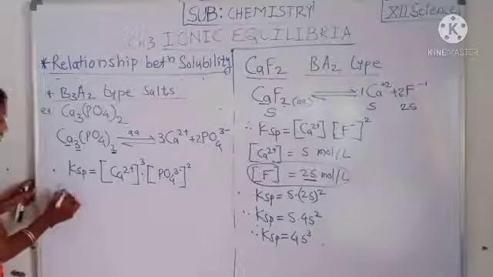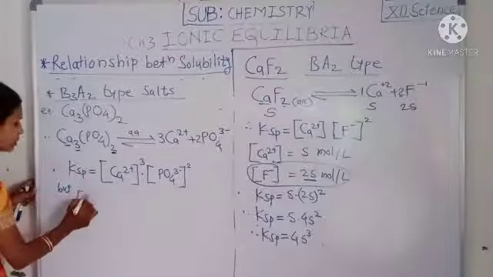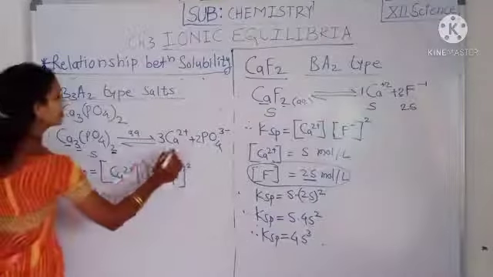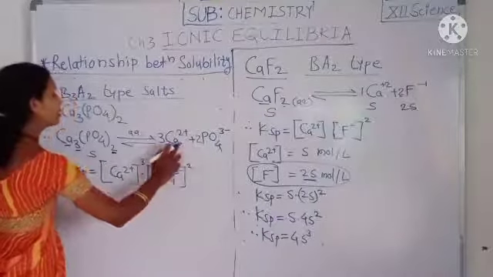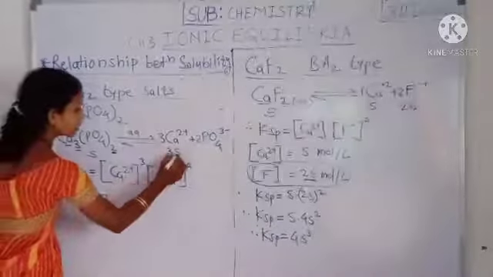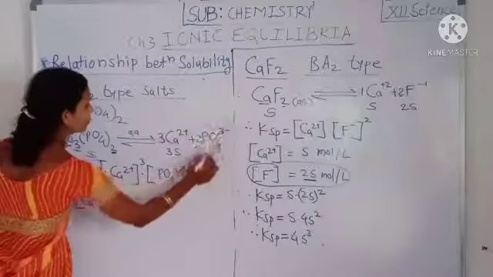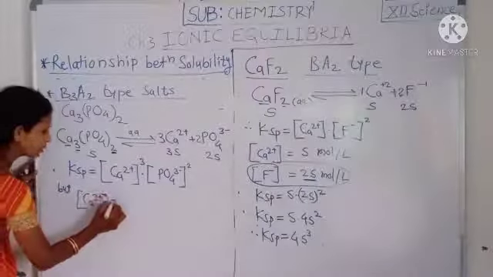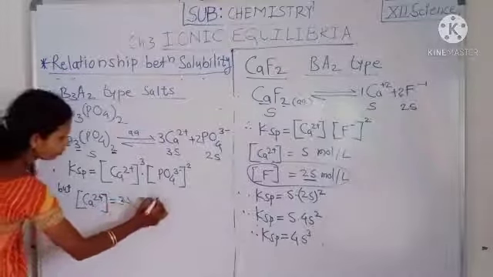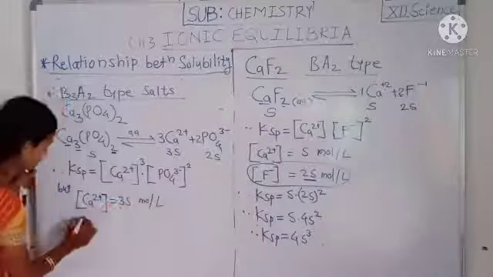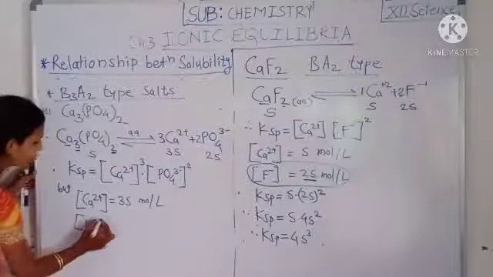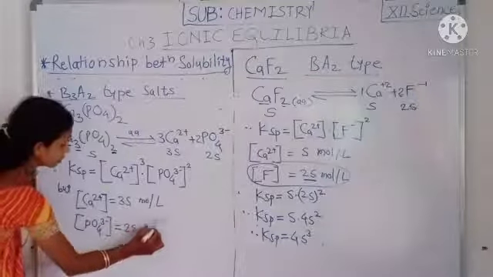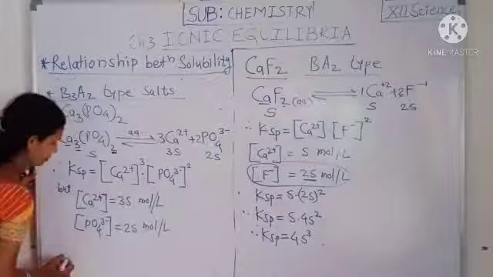But here, the solubility is S mole per dm cube, therefore the concentration of Ca2+ ion is 3S, while the concentration of PO4 3- ion is 2S, in mole per liter.